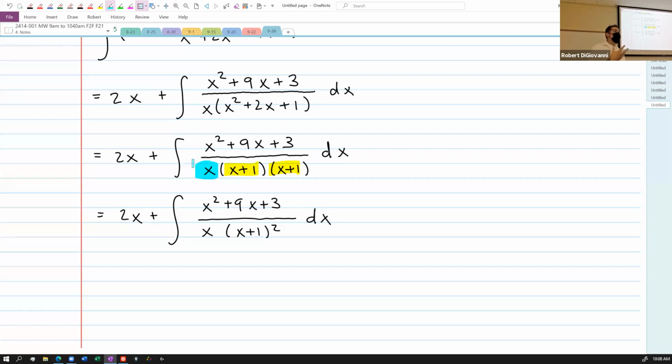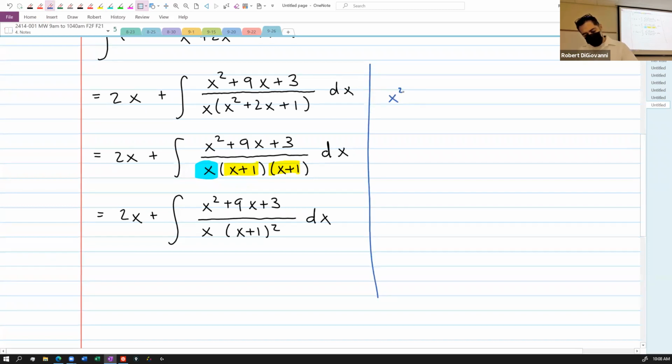So the question becomes, how do we handle repeated linear factors? And that, again, is a partial fraction thing. So I come over here. I'm just going to work with the part of it that's the rational function, this piece. So the way we handle this is for the x, I put an a over x, just like we had before. We'll put some letter over x, like this.